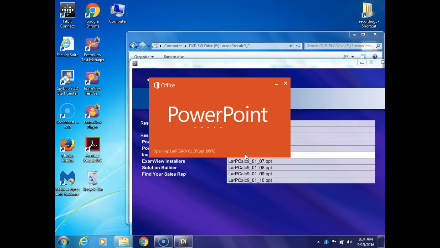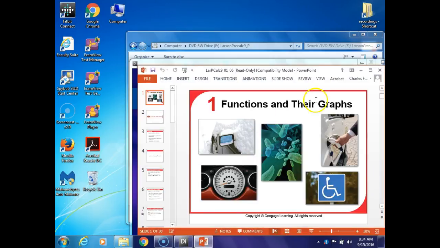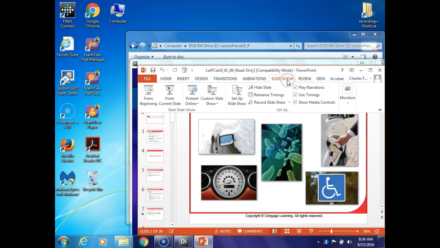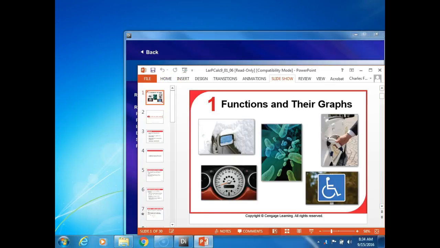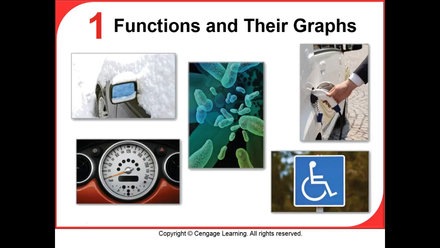Alright, it says it's going to 1.6. I hope it is. Here we go. That's where we need to be. And I've still got to get out of this, go to that.